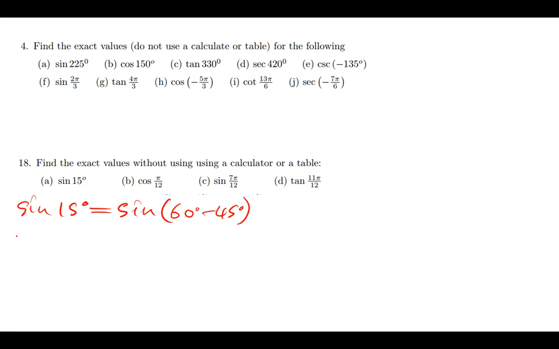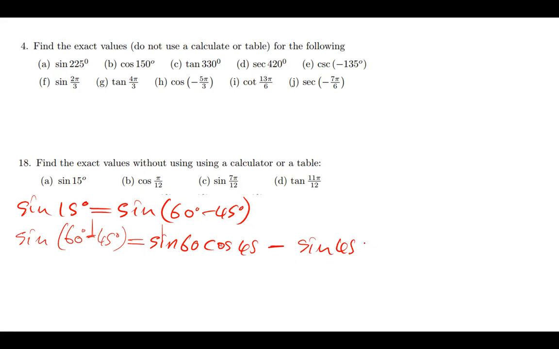So we say sine 60 degrees minus 45 degrees. Using those equations that I wrote here, the answer will be sine 60 cos 45 minus sine 45 degrees cos 60 degrees.